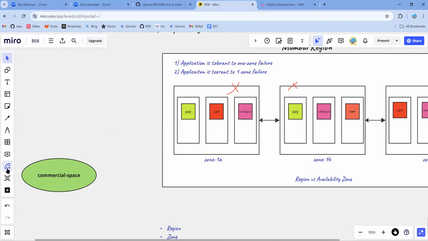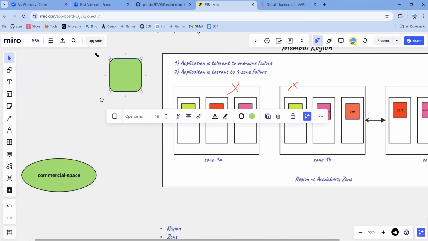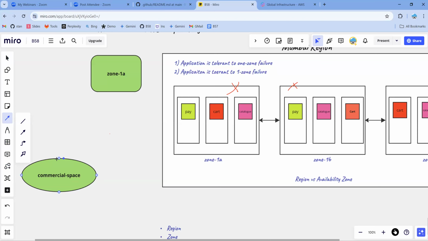And let's assume Amazon is offering its data center or the zone here, zone 1. Since there are a lot of applications and customers here, if they want some information, every time they have to go there and come back, right? So the latency is very, very high.